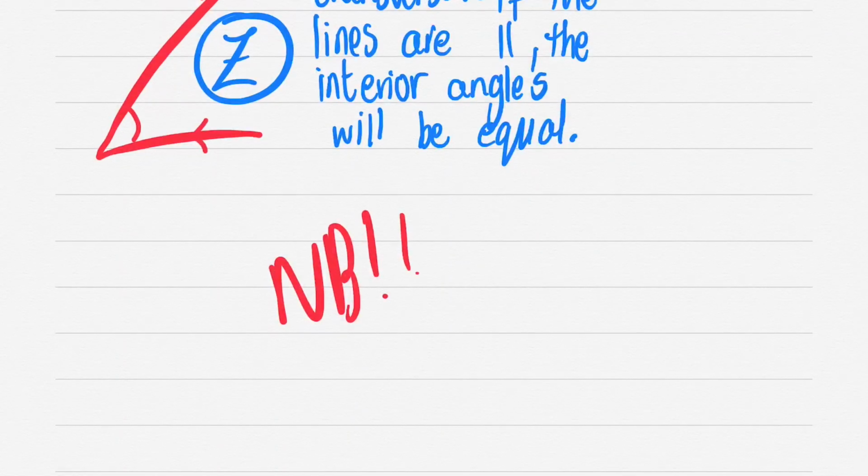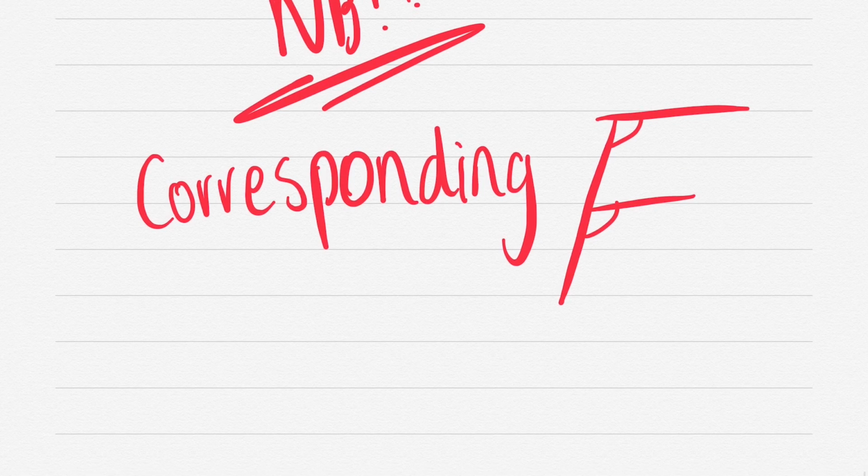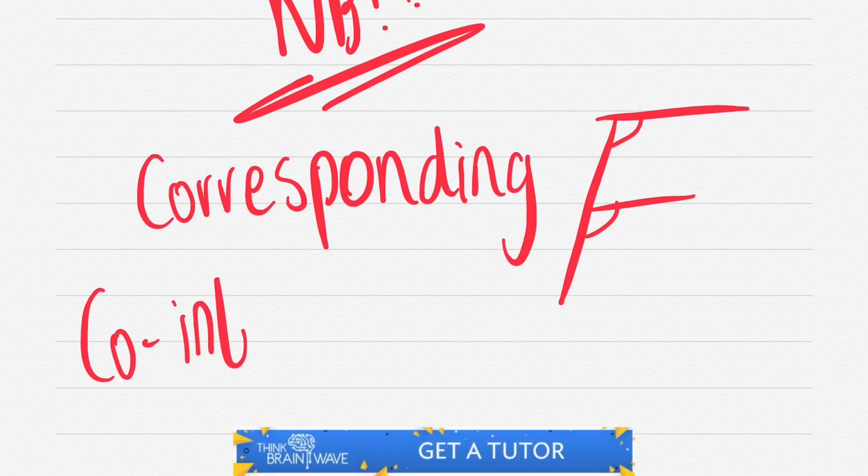Right, let's do a little bit of recap. We made sure that we did 3 rules. We started off by using the corresponding angles, and if you can remember correctly, that would be which letter? That's correct, the letter is F. The transversal slices through the 2 parallel lines and causes the 2 corresponding angles to be equal.